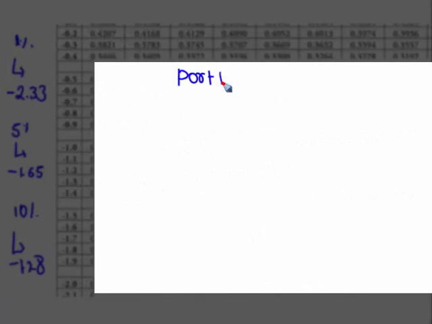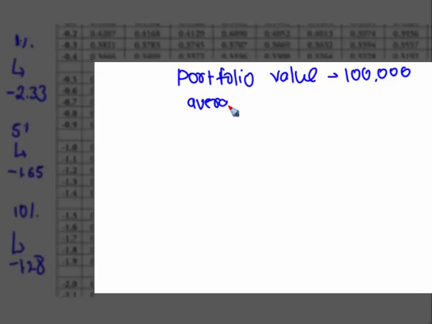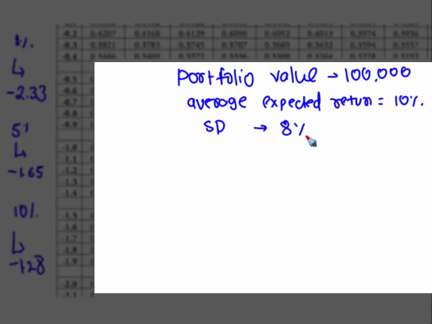Now let's make use of this and let's understand how it works. Let us say the portfolio value is 100,000. The average expected return of your portfolio is 10%, but with a standard deviation of 8%.